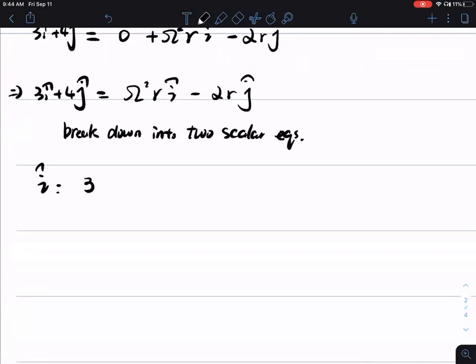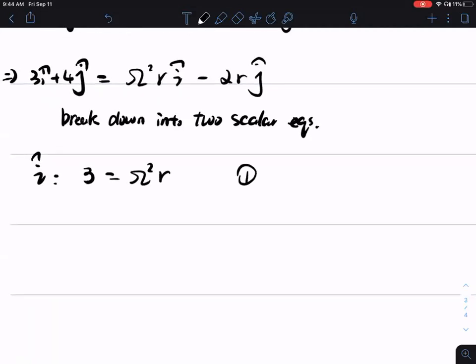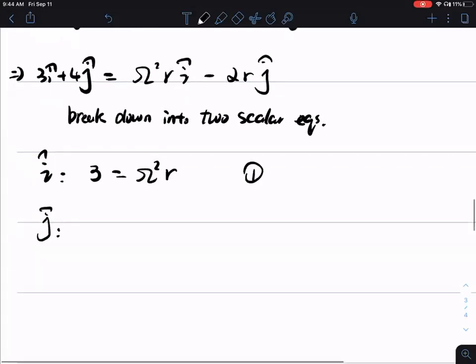You only take the numbers and the values in front of unit vector I, equals. On the right-hand side, in front of I, we have omega square R. That's the first scalar equation. The second scalar equation: on the left-hand side, we have 4. That's a value in front of J. On the right-hand side, we have negative alpha R.